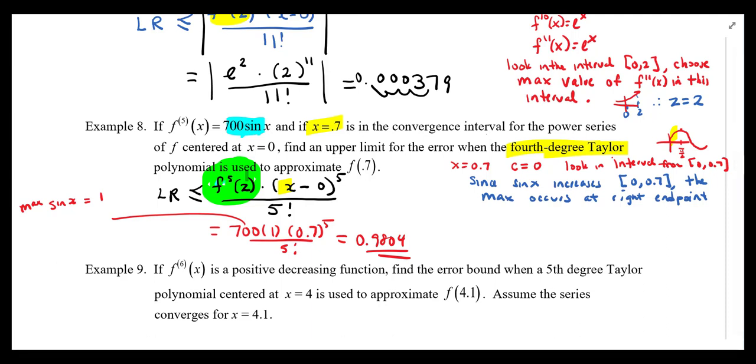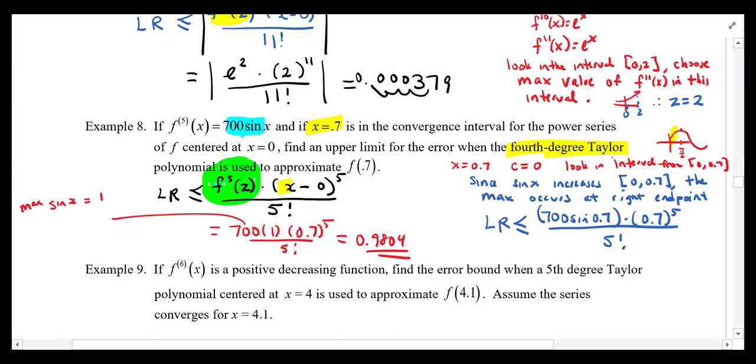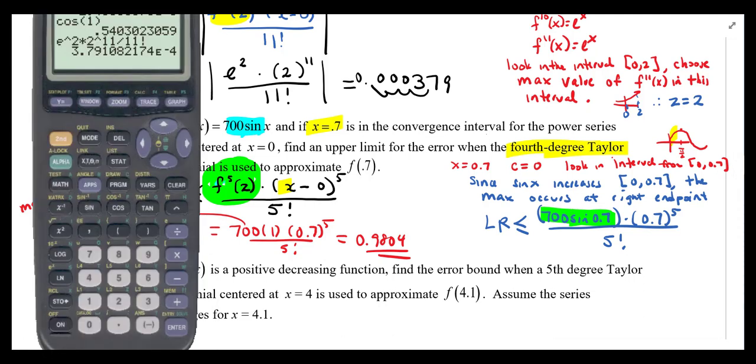Maybe if I wanted a more accurate answer, I should have said the Lagrange remainder is the fifth derivative of z, which would be 700 times sine of 0.7 multiplied by 0.7 to the power of 5 all over 5 factorial, where this now is the actual maximum value. And if I did this on the calculator, I'd probably get a better estimate, which means my error should be smaller. Let's see if that happens.